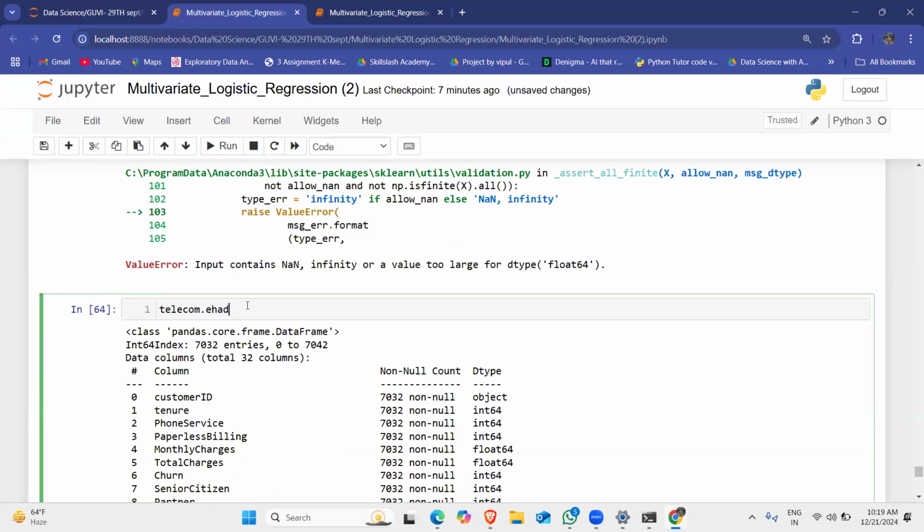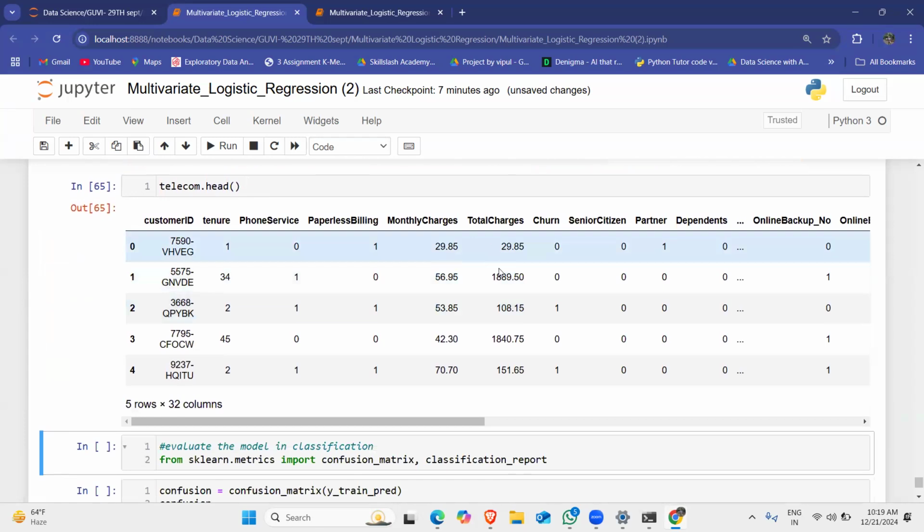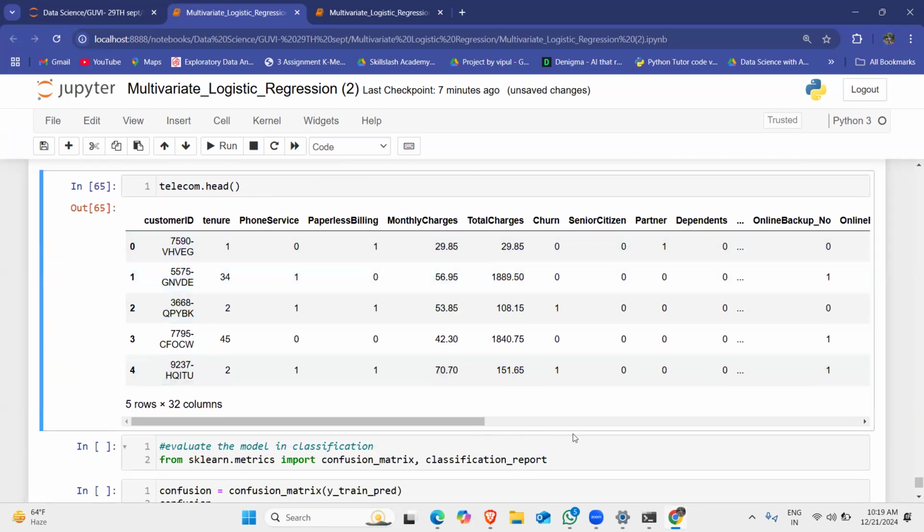If I just check the head of the data, head. By checking the head of the data, we get to know monthly charges and total charges are float values, right? So we need to take care of that.